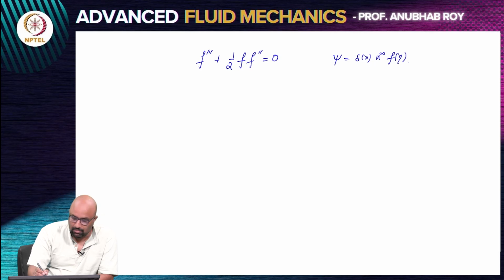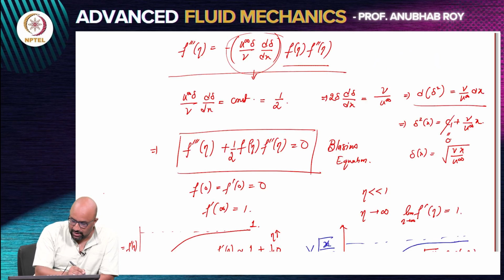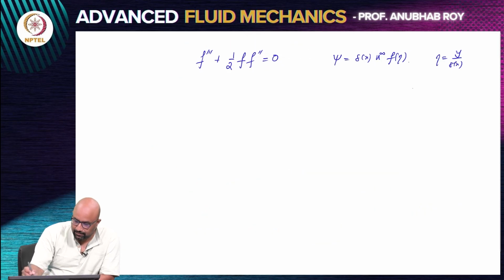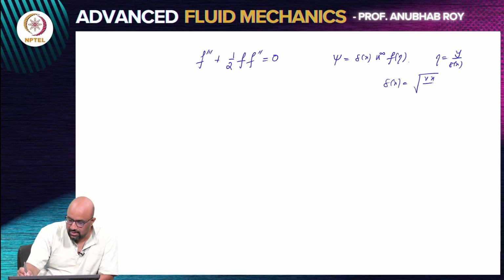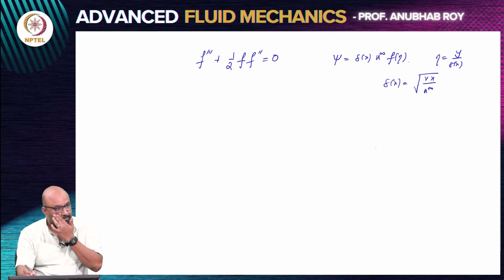That was our boundary layer description. And using this similarity variable where eta is equal to y by delta x, we arrived at the relation that delta x is square root nu x by u infinity.